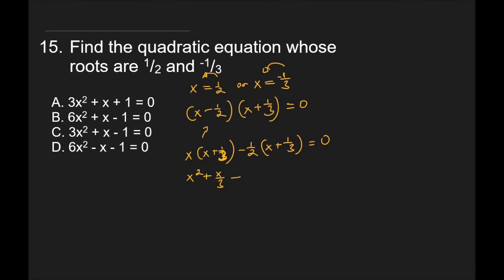Now expand the second bracket. Minus 1 over 2 times x is x over 2. And minus 1 over 2 times 1 over 3 is 1 over 6. And this is all equal to 0. Now notice that I can multiply this equation by 6.